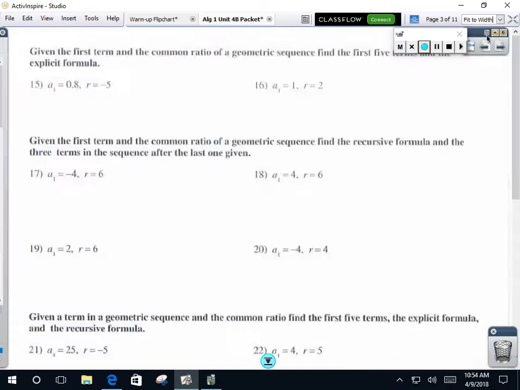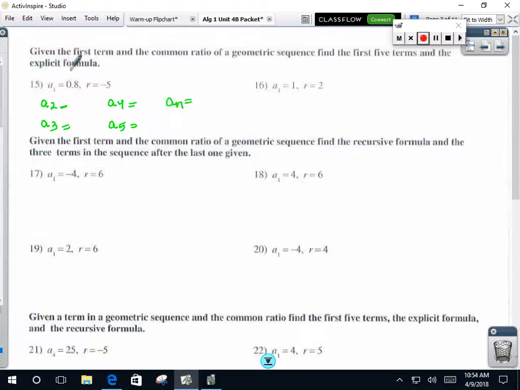All right, the directions for 15 and 16 say, given the first term, which in this one is 0.8, and the common ratio, which is -5, they want you to find the first 5 terms and write the explicit formula. Well, they already found the first term, so you have to find the second, the third, the fourth, the fifth, and they also want you to write the explicit formula.